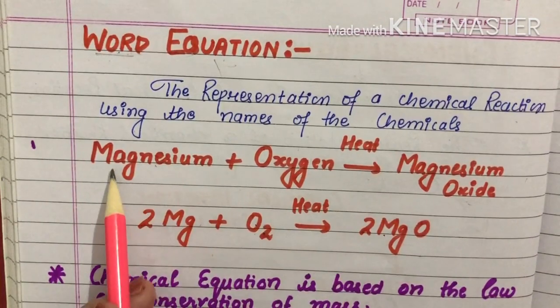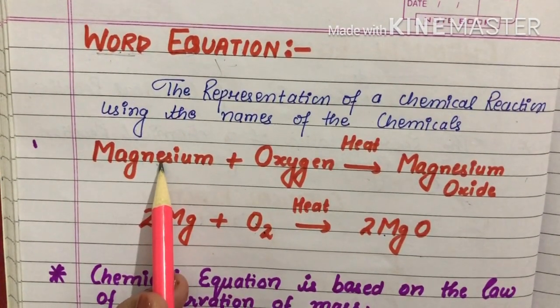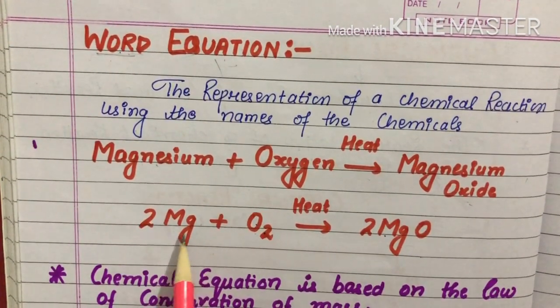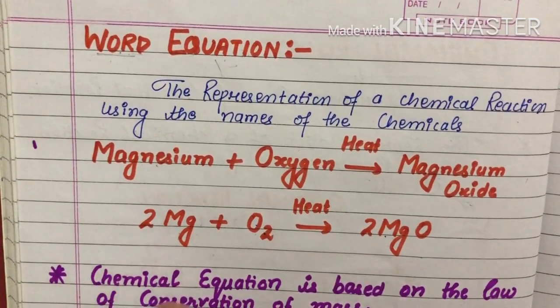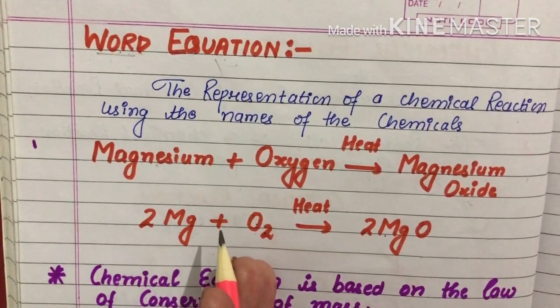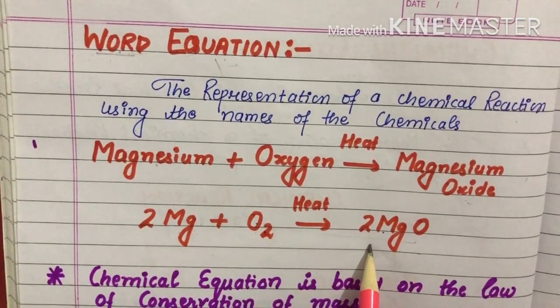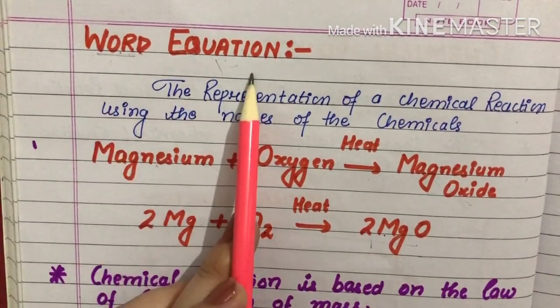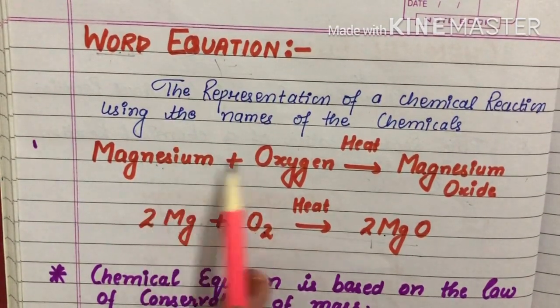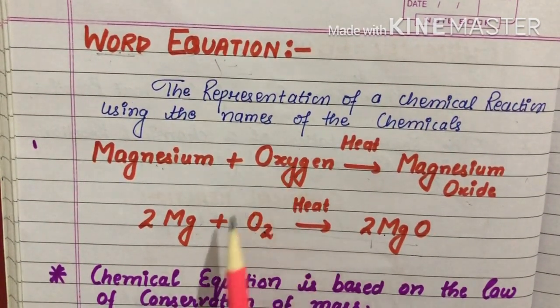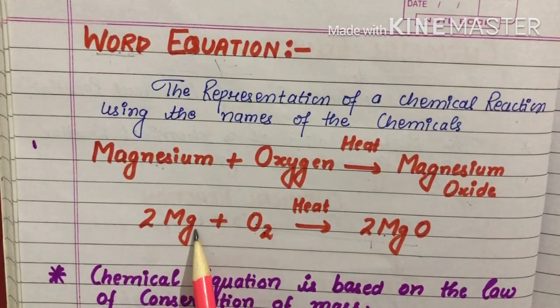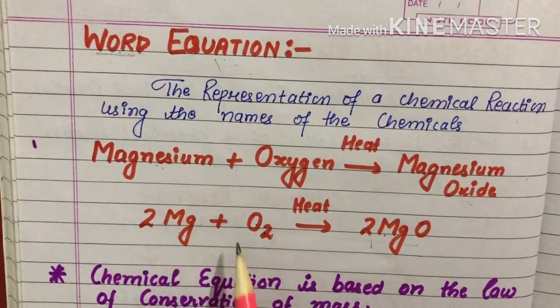Here we are using their names instead of their symbols. When we use the element symbols and formulas, that equation is called the chemical equation.